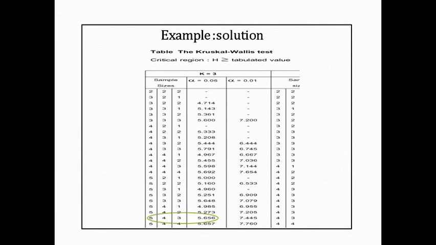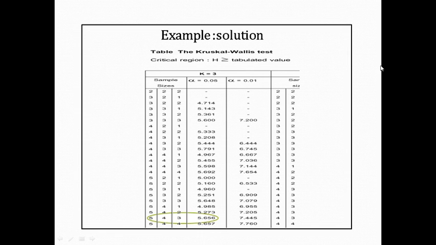This is the table of the Kruskal-Wallis test. This table is also available in your statistical tables. Here we consider k equal to 3 because we have 3 groups, so I have used the table for k equal to 3.